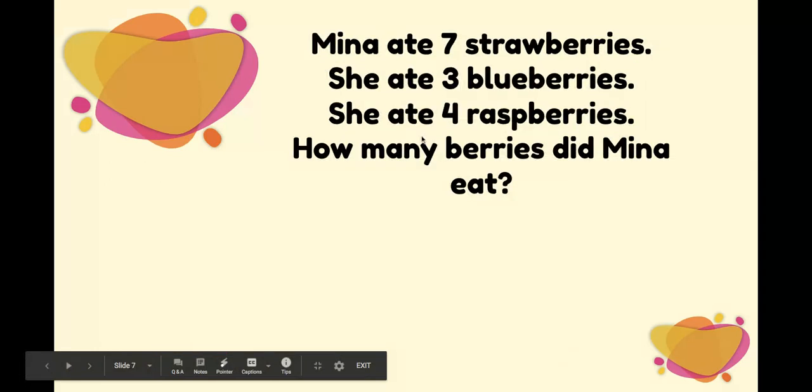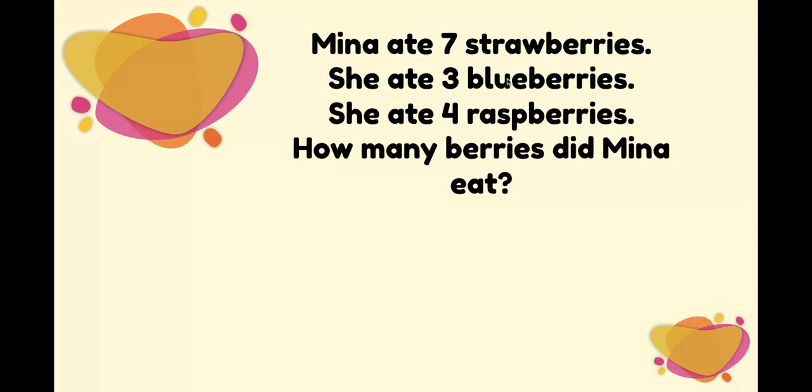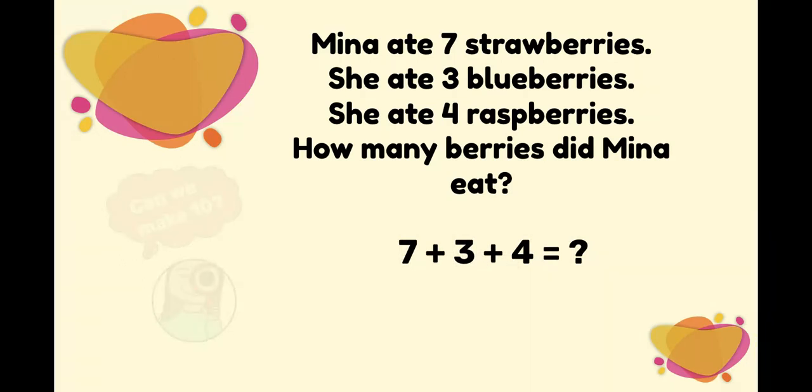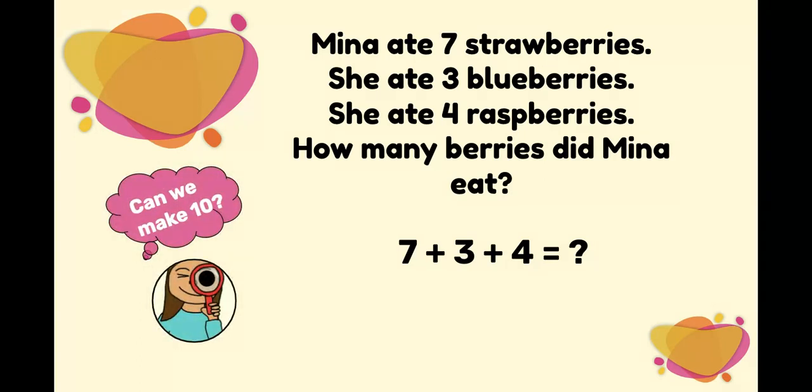Let's try another one. Mina ate 7 strawberries. She ate 3 blueberries, and then she ate 4 raspberries. How many berries did Mina eat? So again, we're going to put all 3 of those numbers into a number sentence, 7 plus 3 plus 4. And now we're going to try to see what 2 numbers go together to make 10. Can you tell which ones?